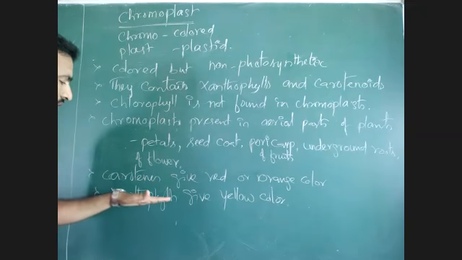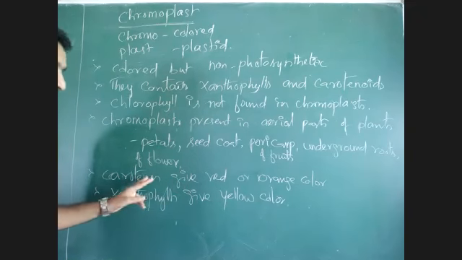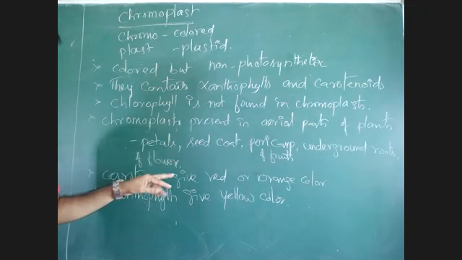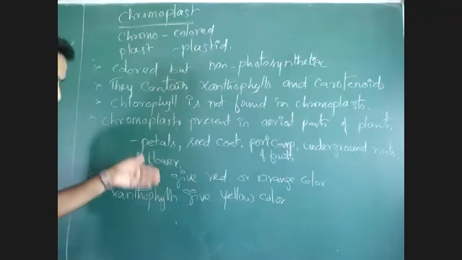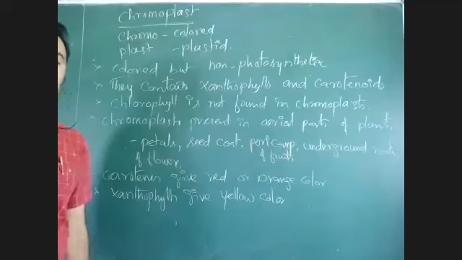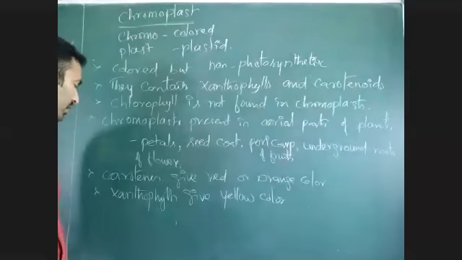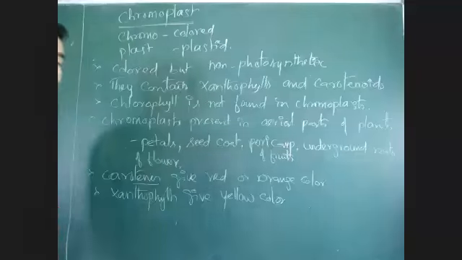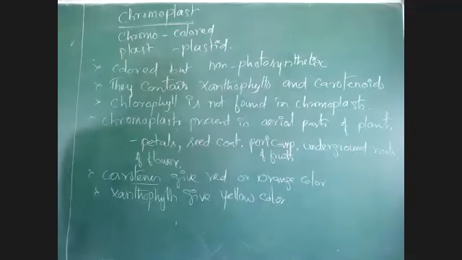If xanthophyll is less and carotenoid is more, that will give another color. If both are equal, that will give another color. Like that, there is a change in the colors of plants due to different proportions of carotenoids and xanthophylls.